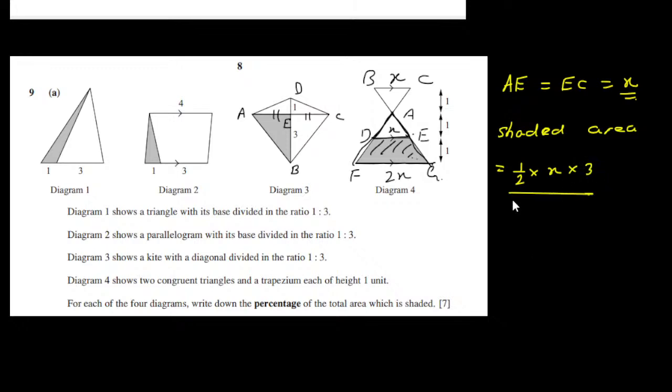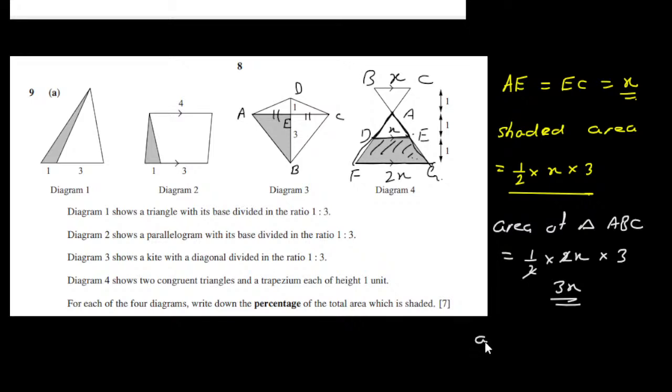This much is fine. Then area of triangle ABC is what? Half into, now this AC will become 2x, half into 2x, into height is 3. So this 2 you can cancel and you say that this is 3x.